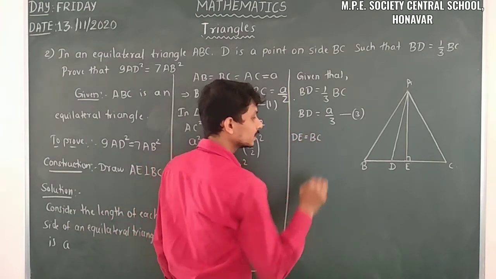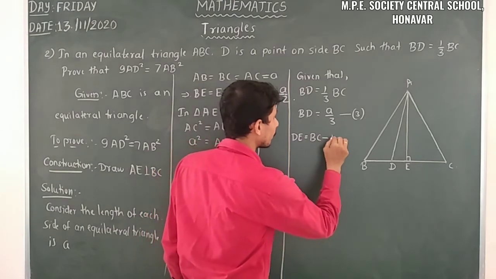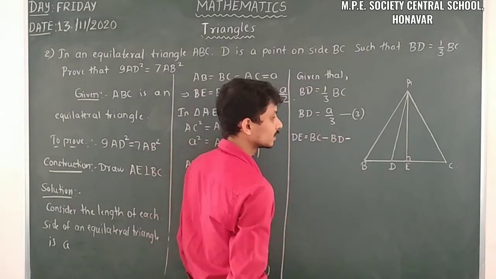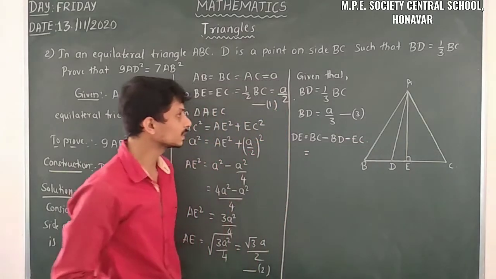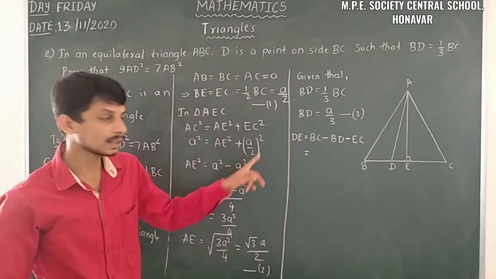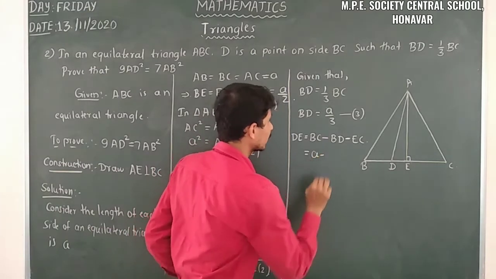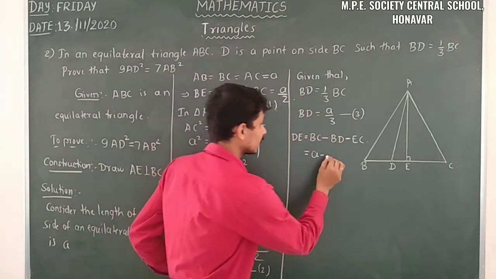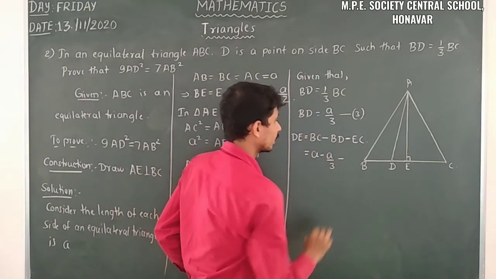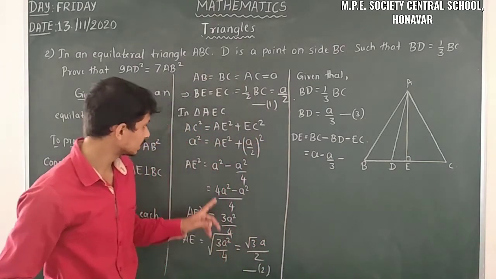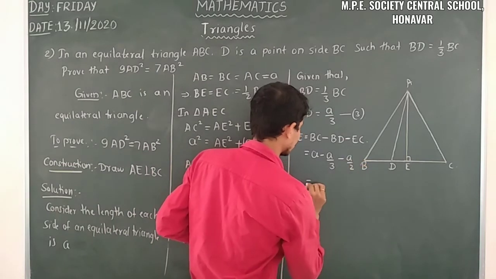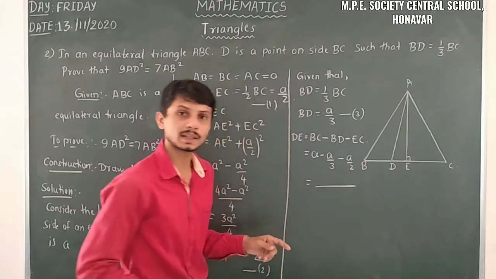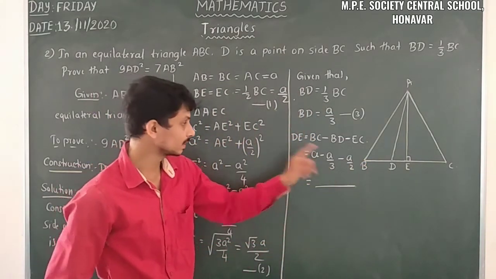to BC minus BD minus EC. What is the value of BC here? BC means the complete side, that is A, minus BD, which is A by 3, and EC is equal to A by 2. Then take the LCM of the denominators, that is 6.